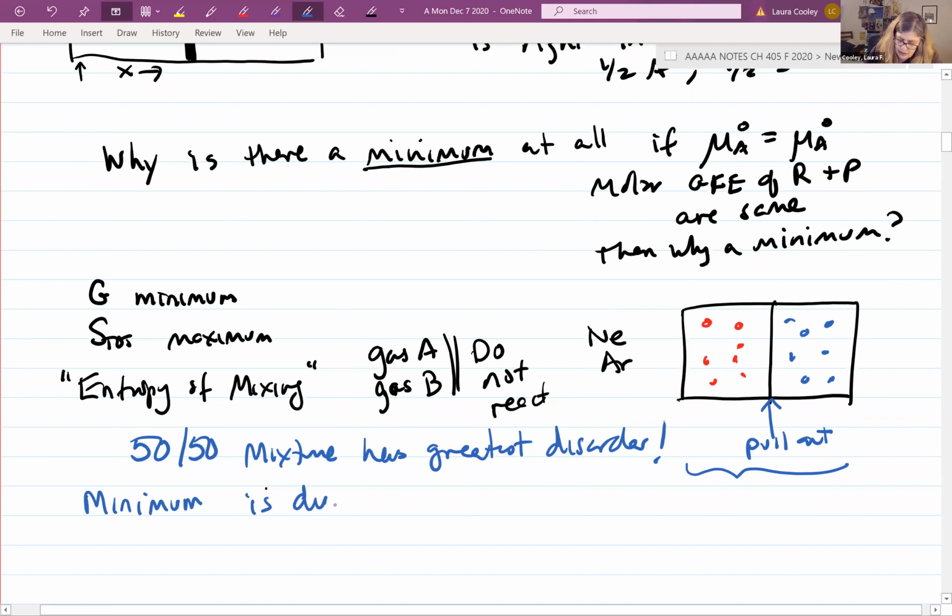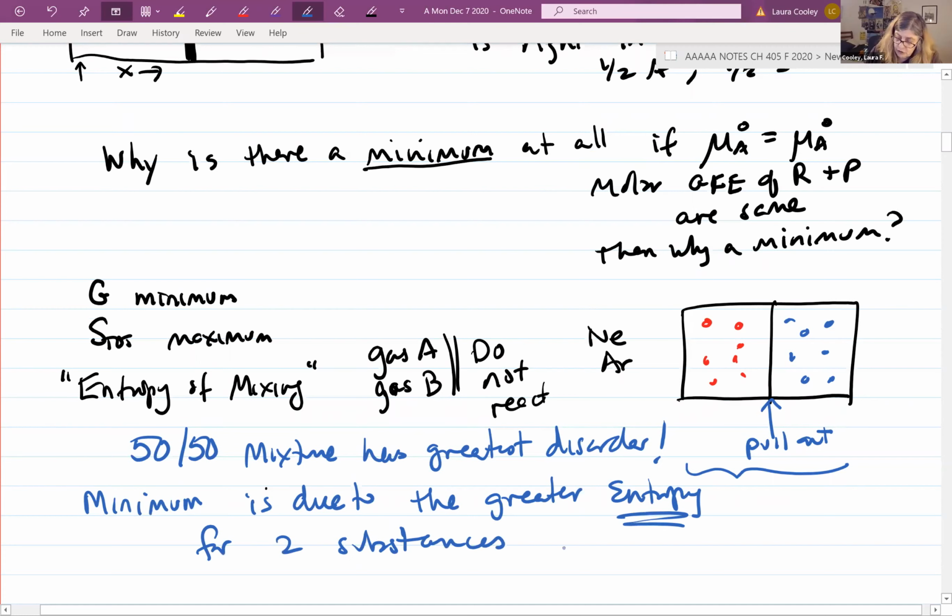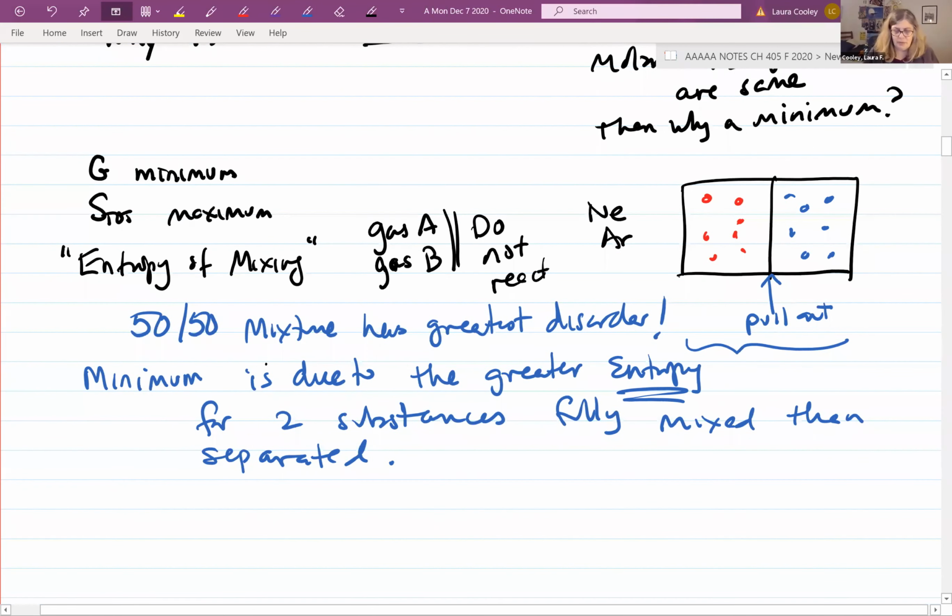The minimum is due to the greater entropy for two substances fully mixed than separated. I know that's a little bit out there and I haven't proved it to you, but it's actually not that hard to show.